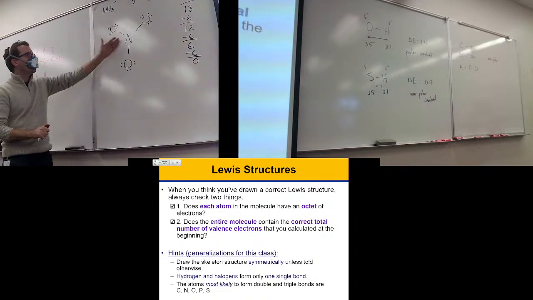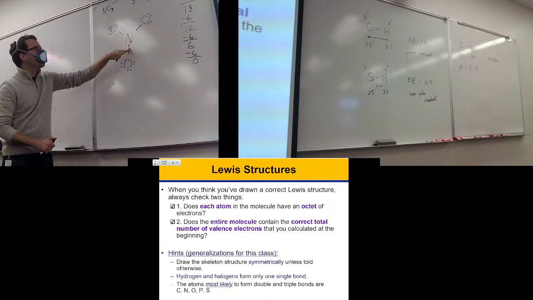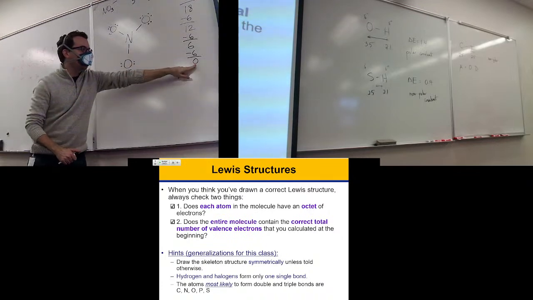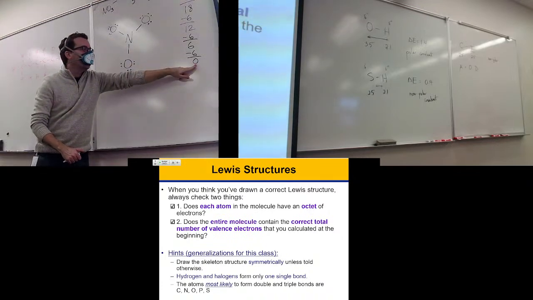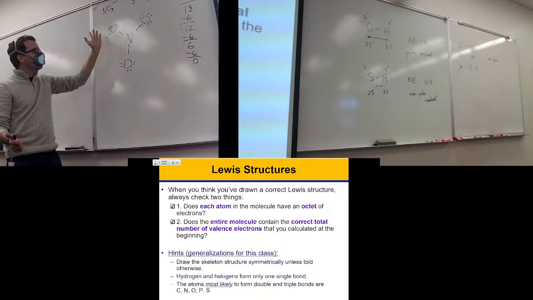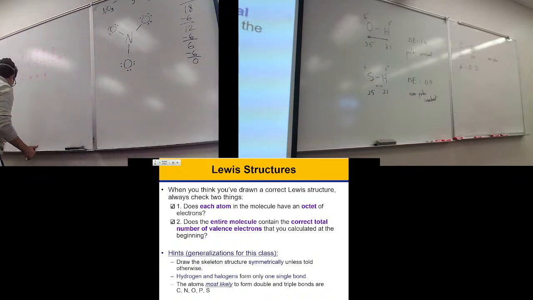Now I'm going to look at the central atom, satisfy the octet rule for the central atom. 2, 4, 6 electrons. This needs 2 more. But the problem is I don't have any more. I'm out. All electrons need to be drawn in. They're all drawn in, but I can't draw extras because I don't have any extras. So this is where I share.